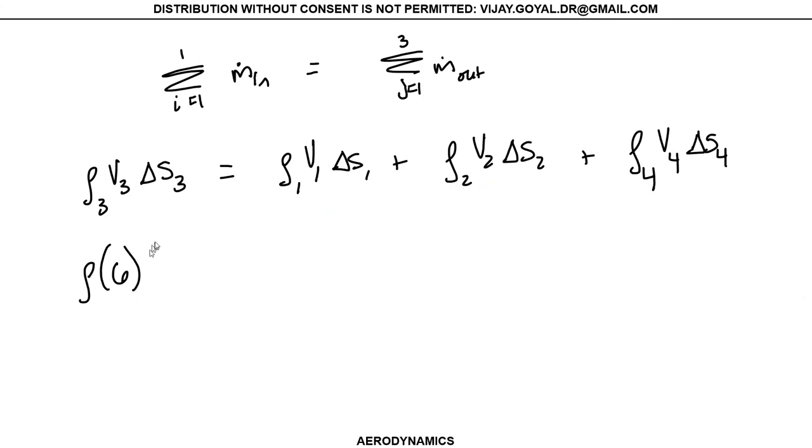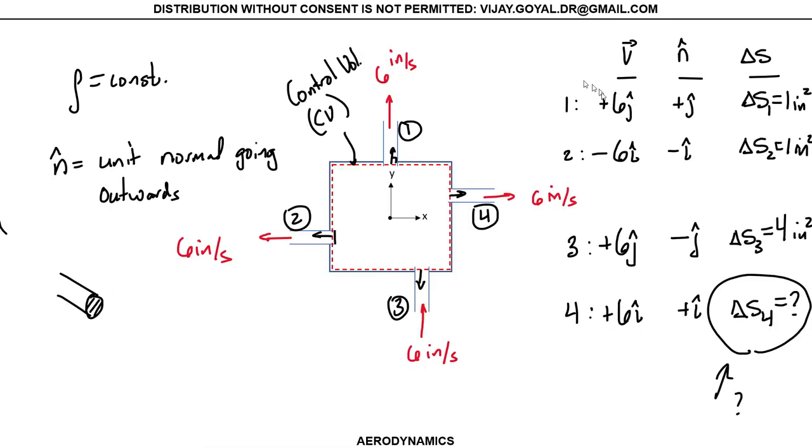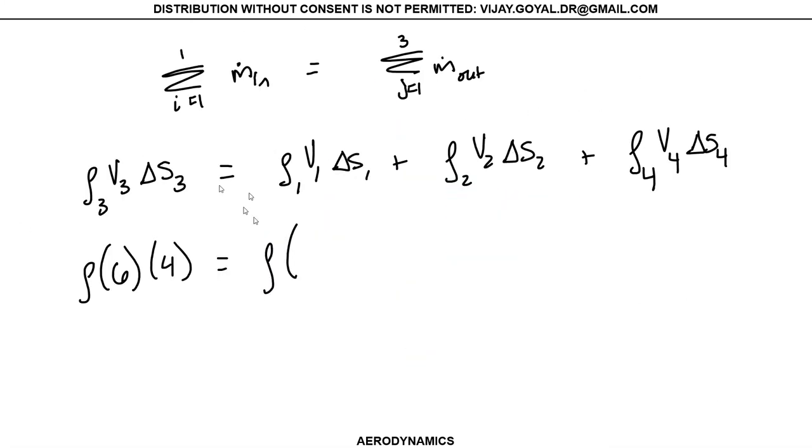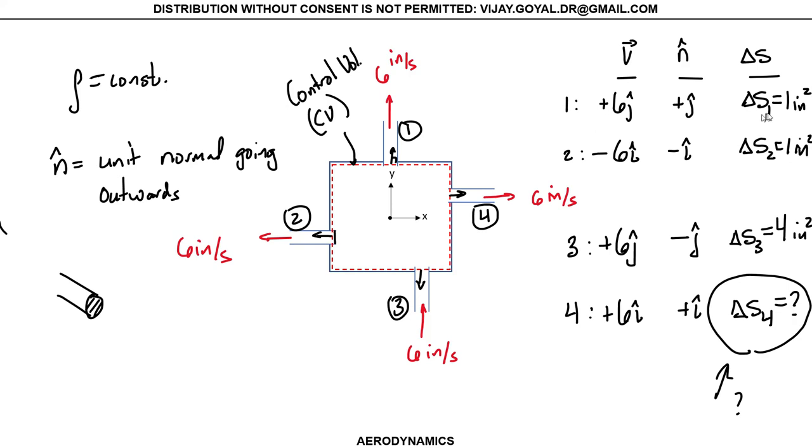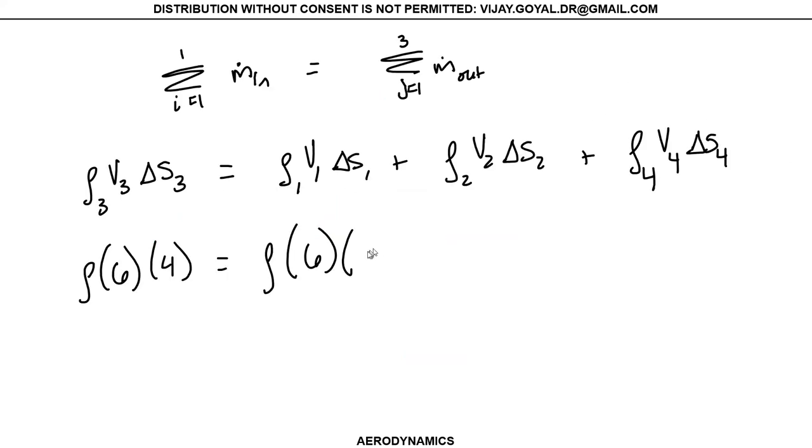All the densities are the same, call it rho. V1 was 6, just take the magnitude. Delta S1 was 1, so this is 1, plus rho, all the densities are the same in the problem.